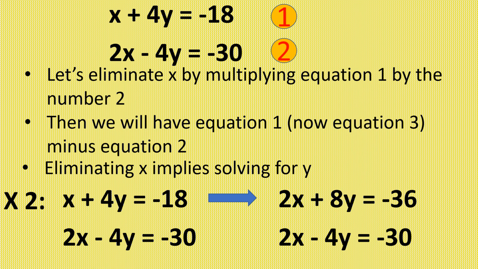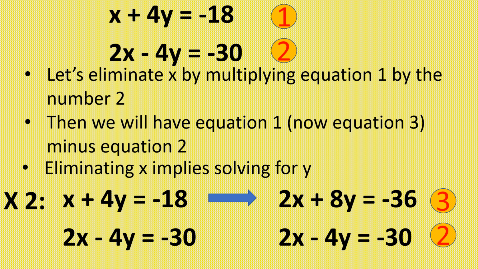Then we simply bring down equation 2 so that we have them side by side under each other. Our equation 1 now becomes equation 3, and our equation 2 remains equation 2.